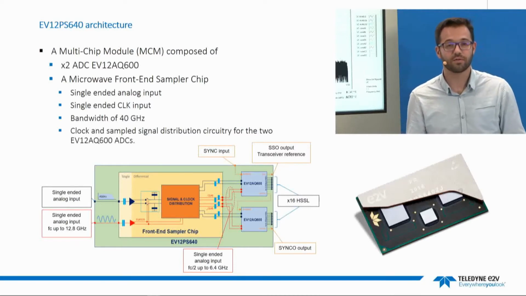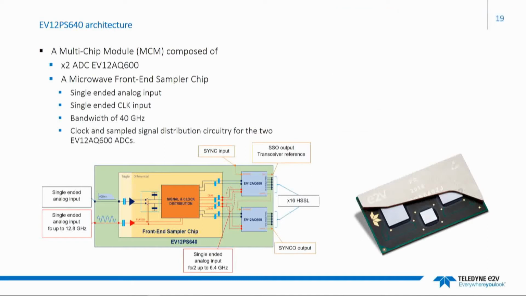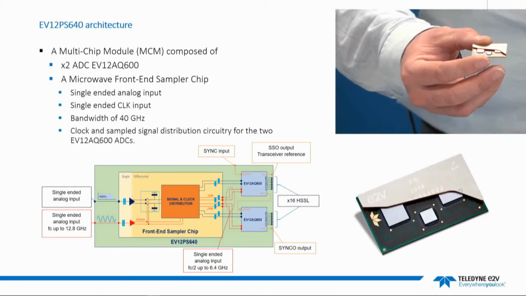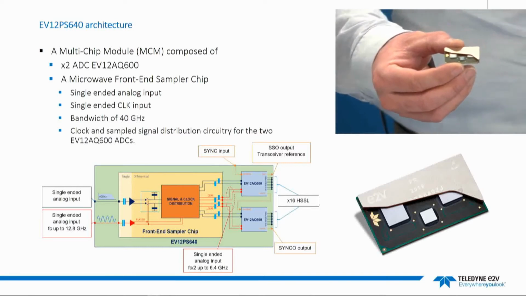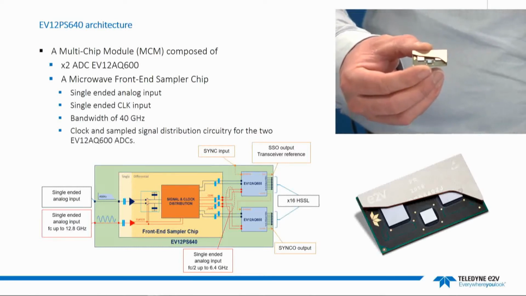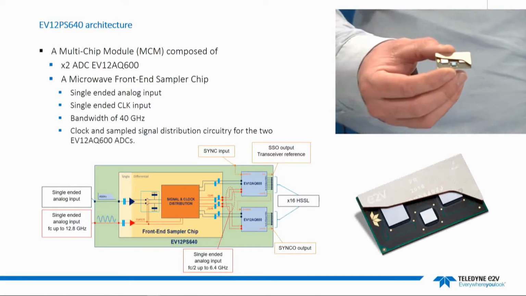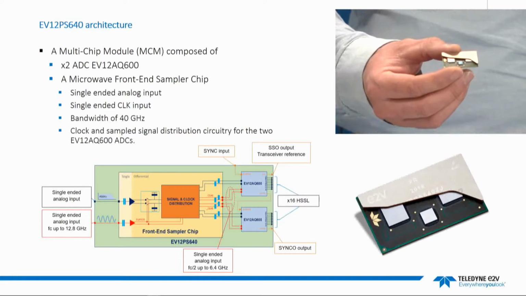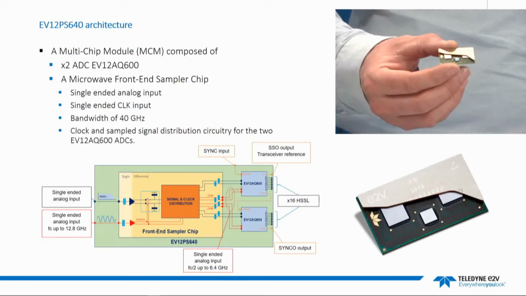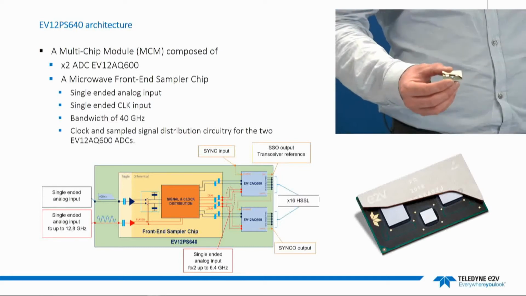One thing we can emphasize is that the EV12PS640 proof of concept offers single-ended inputs, both for the analog signal input and the clock input. This will ease the use of this device to match a 50 ohm environment.